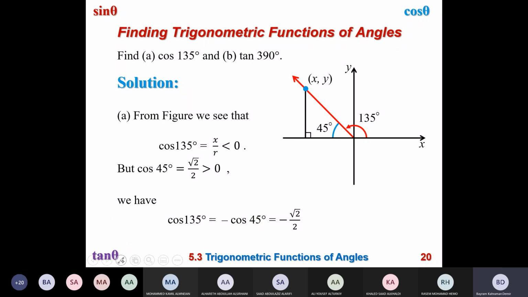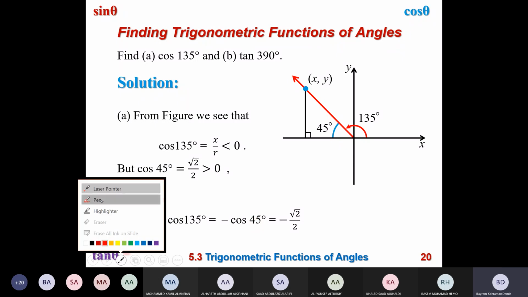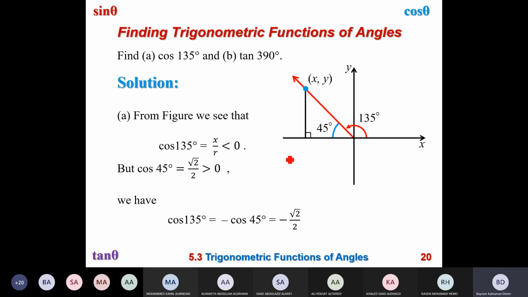For example, maybe we would like to calculate the sine of 135. What is the sign of the sine function? Is it positive or negative in the second quadrant?